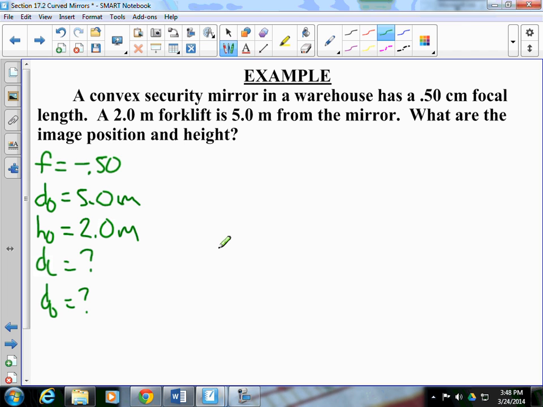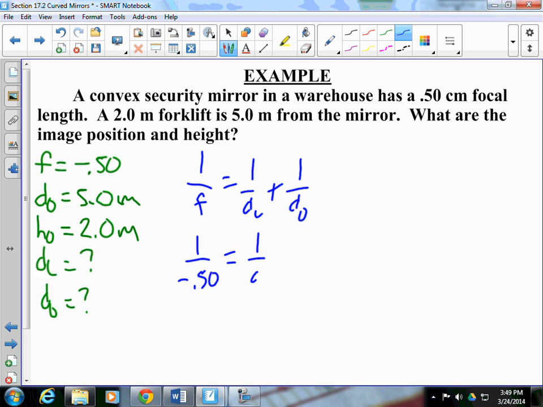Same equation that we've done before. 1 over F is equal to 1 over DI plus 1 over DO. 1 over negative 0.50 is equal to 1 over DI plus 1 over DO. DO is 5.0.